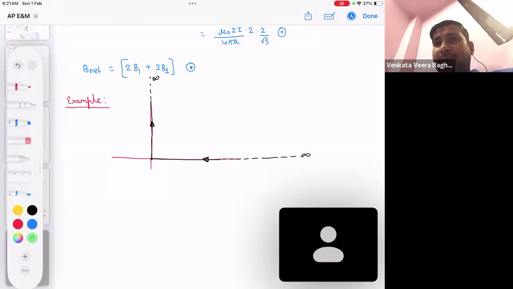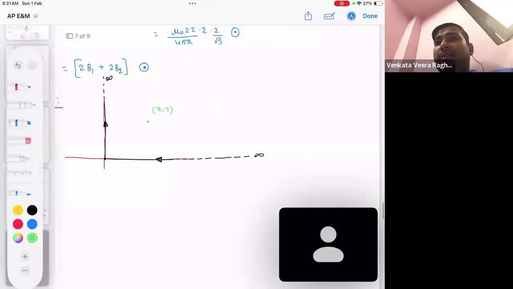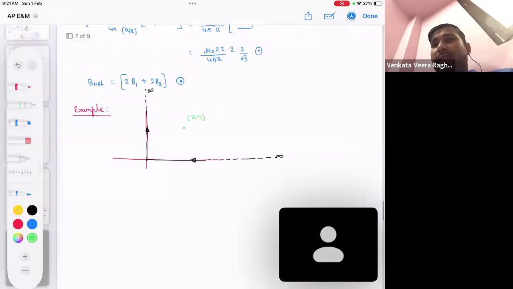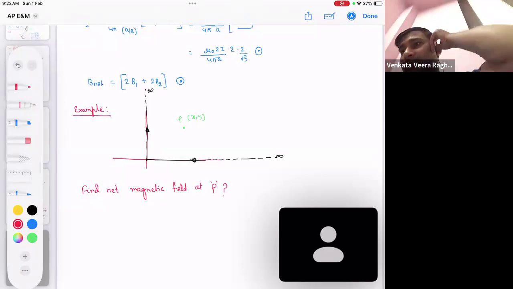There is a point, and they gave the point coordinate as x comma y. So they are asking in the question, find the net magnetic field at point P. Again, what do you need?